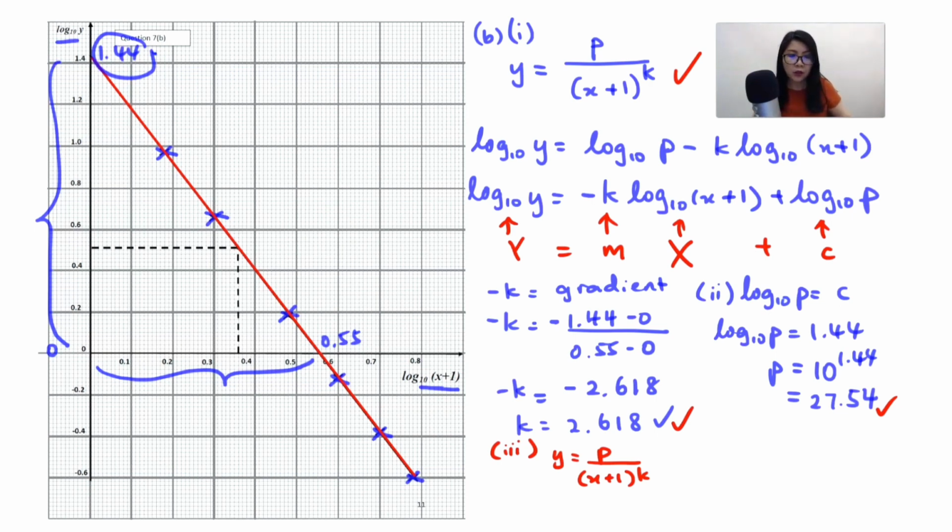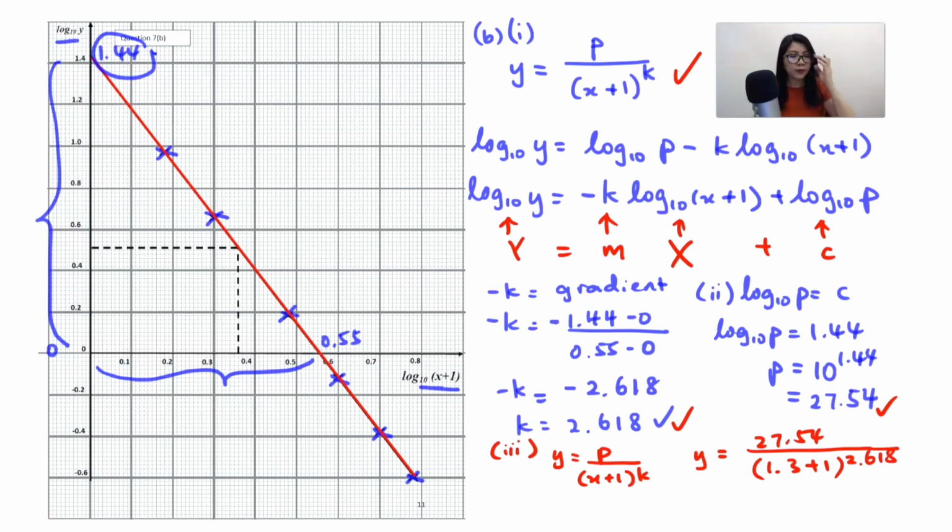Yeah, so I'm going to substitute it. So I'm going to write it here. So y is equals to, so p is 27.54, over, then my x is 1.3 plus 1. Okay, and then after that to the power of 2.618, because my k is 2.618.